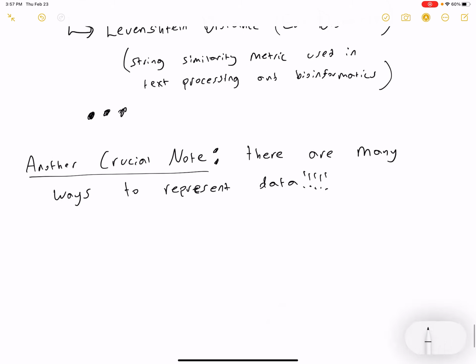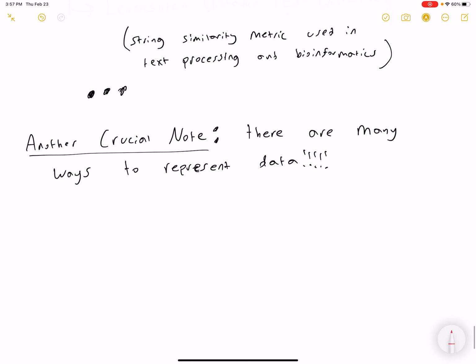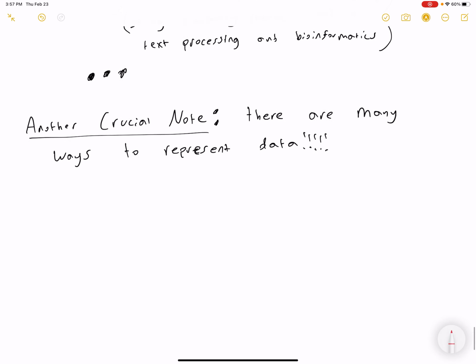And therefore, one of the, actually really the key areas of computer science and machine learning research, or at least one of the big keys, is how do you represent your data well?